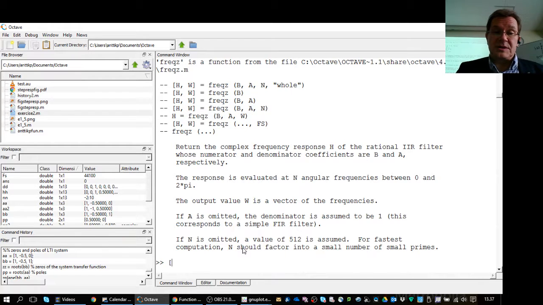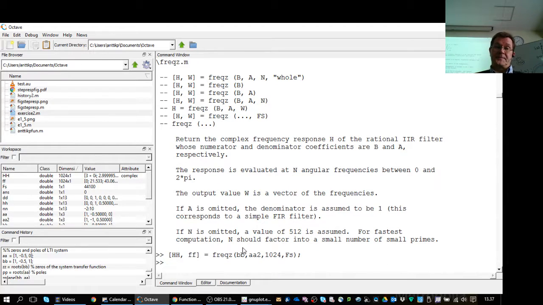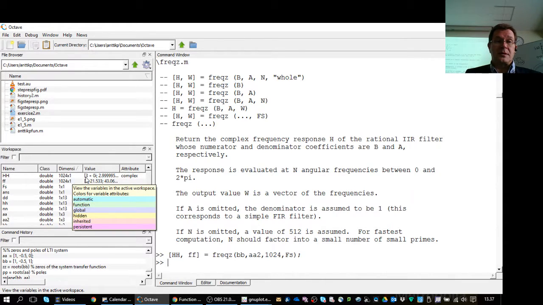So there's the frequency response as complex numbers, and I think this would also give the frequency in Hertz: H, W equals freqz(BB, AA, 1024, FS). Okay, there we go. And H is 1024 points times 1 complex number.